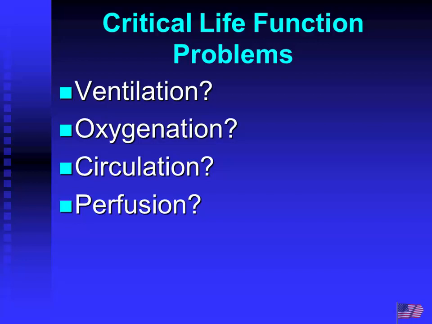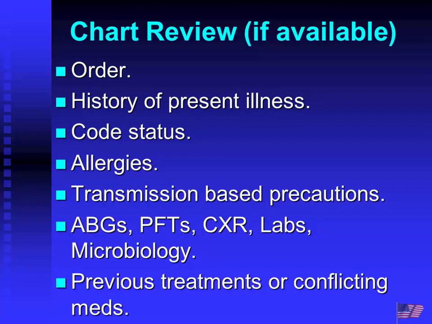So again, looking at our problems, we definitely have some problems with ventilation, probably some problems with oxygenation also secondary to that. And his circulation, he's tachycardic, so he is responding appropriately, but we need to do a little more investigation of that and the perfusion.